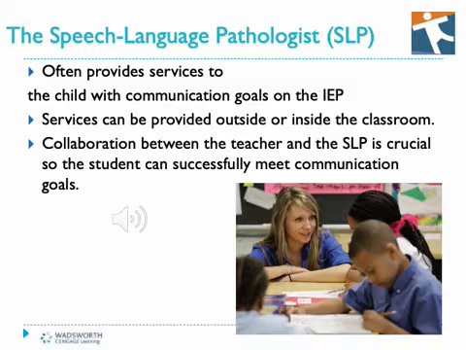And another useful assessment for the teacher is a language sample. Language sampling can provide a picture of the student's current level of communication in the classroom. The most important thing to know is that collaboration is very important between the student's teacher and the SLP.